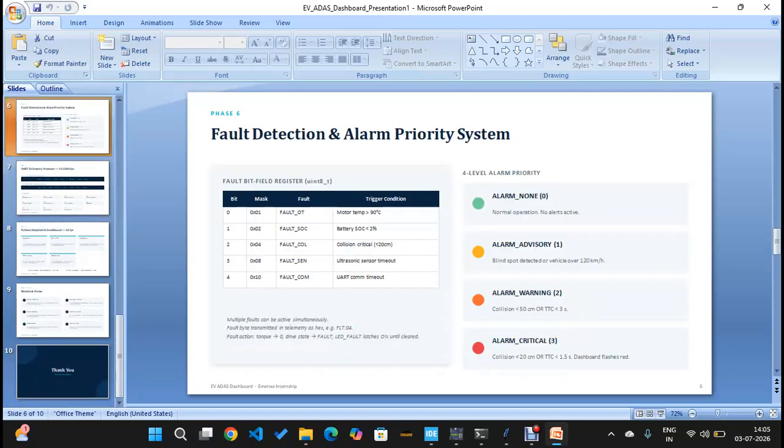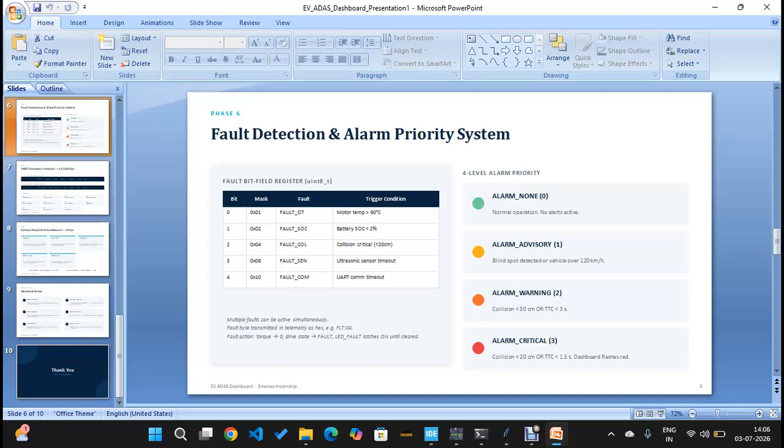So yeah, fault detection and alarm. We will get the alarms when certain things are less than a threshold, or whatever logic I have written in my code. According to that, fault detection starts, and it will give us alarms.